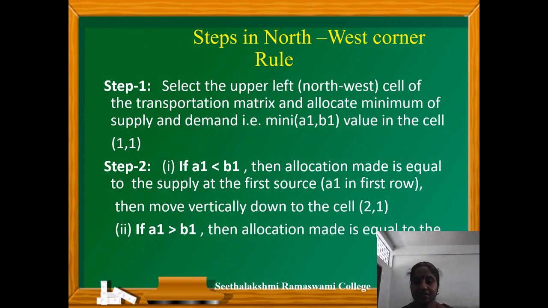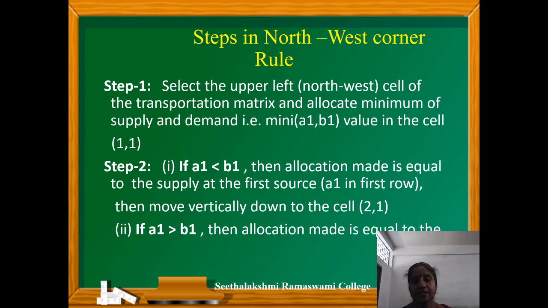The steps of this method are: first, we select the upper left corner of the transportation matrix and allocate the minimum of supply and demand, that is, the minimum of A1, B1, in the first cell (1,1). After allocating in the cell (1,1), if A1 is less than B1, then the next allocation is made in the cell (2,1) for the remaining value.